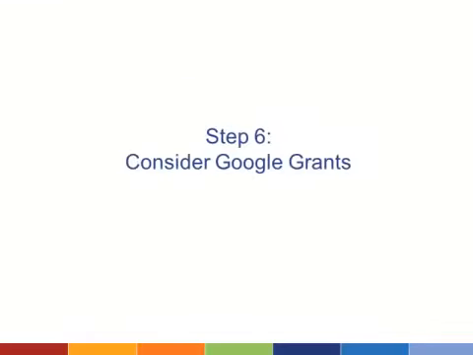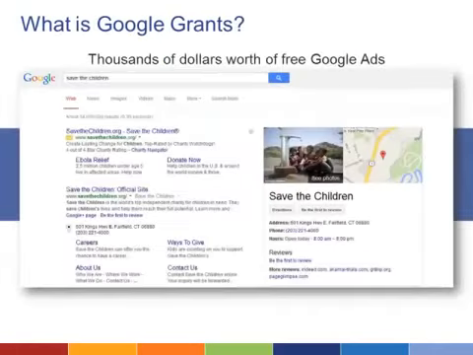In addition to all the things we've been talking about, consider Google Grants and paid promotions to put your site in front of more eyes. So far, we've focused on ways that you can optimize your site in order to be listed for free on any search engine. There's another way, though, to be listed prominently in Google's search results.